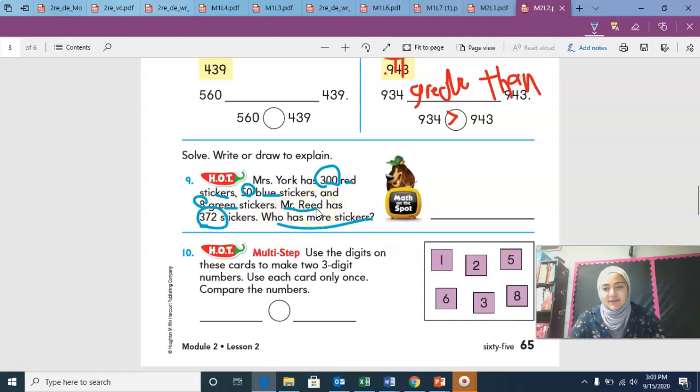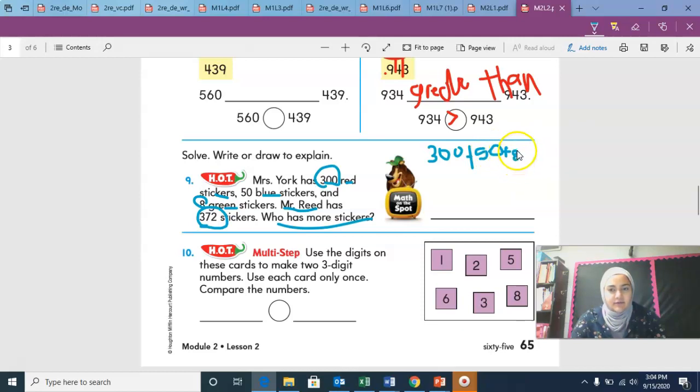Mr. Reed, we don't have to do any math. It already says he has 372 stickers. Mrs. York has 300 red, and she has 50 blue. So she has 300 red plus 50 blue and 8 green plus 8 green.